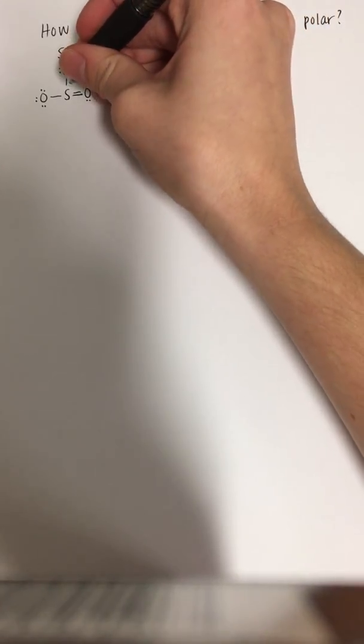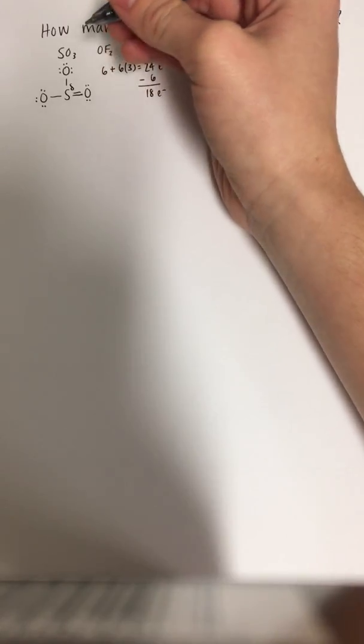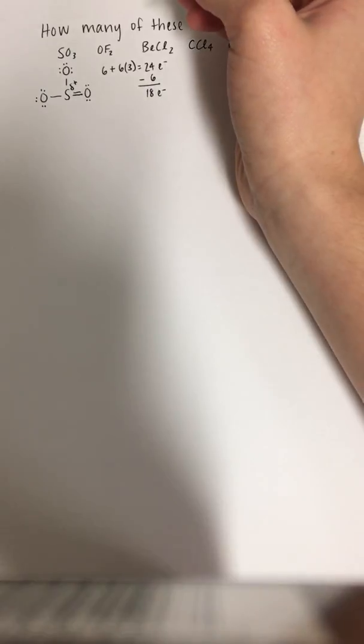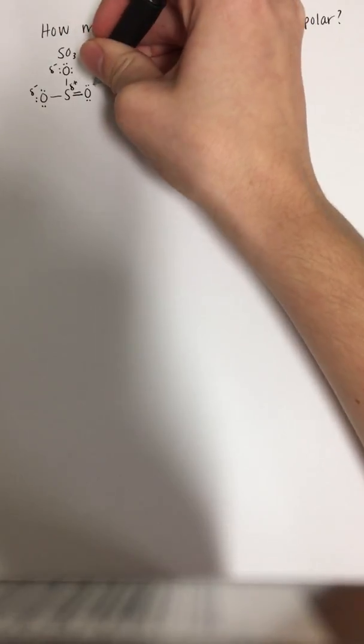So we know that sulfur is less electronegative than oxygen, so we're going to give it a slightly positive charge, and each oxygen atom is slightly negative. This is going to help us create our bond dipoles.